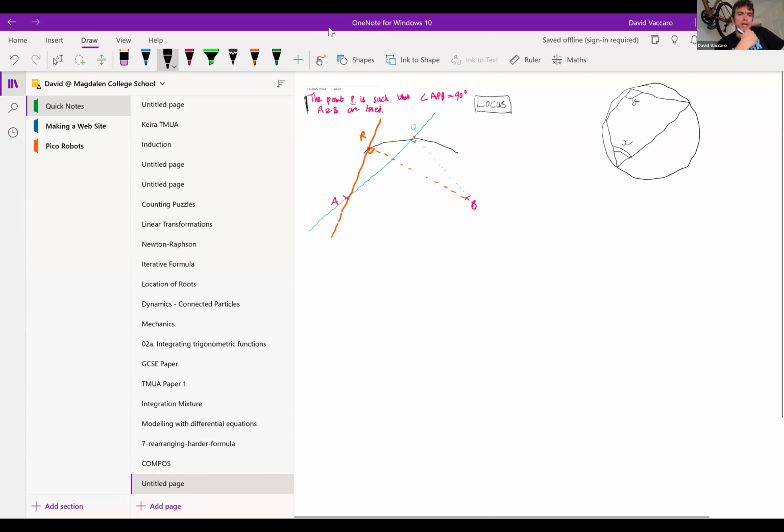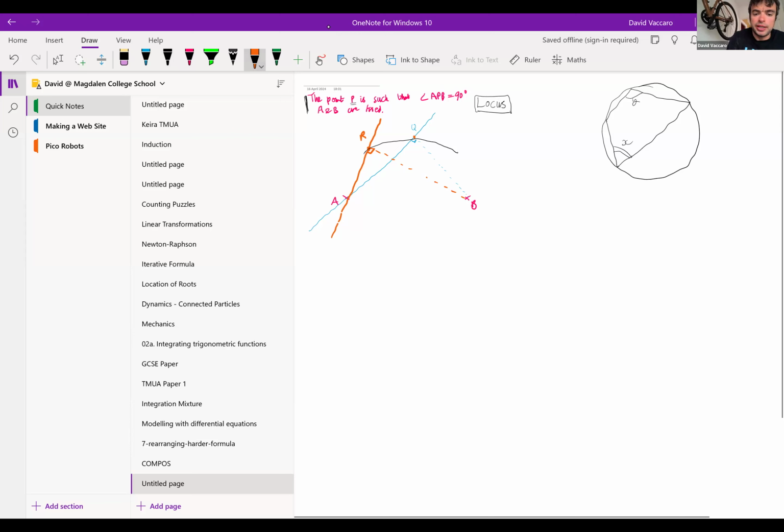It's not, at first glance, obvious that that helps me show that the set of points P such that APB is 90 degrees is a circle. What was the other circle theorem you mentioned? The one that an angle in a semicircle, drawn from the diameter, is 90 degrees. Right, excellent.